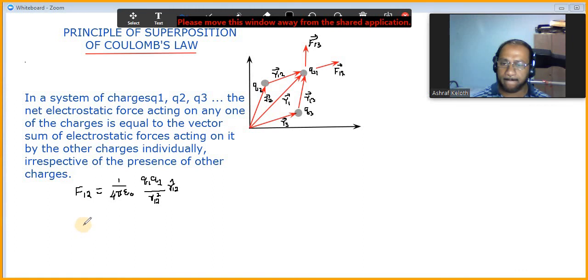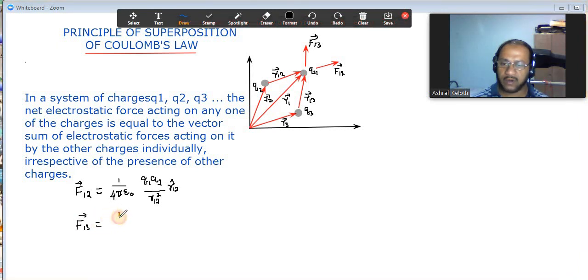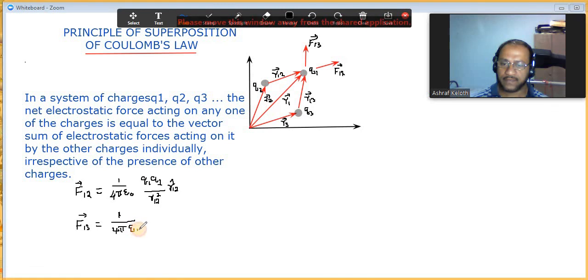In the same way, the force exerted on the charge Q1 by Q3 can be written as the F13 vector, equal to 1 by 4 pi epsilon naught Q1 Q3 divided by R13 square into R13 cap.